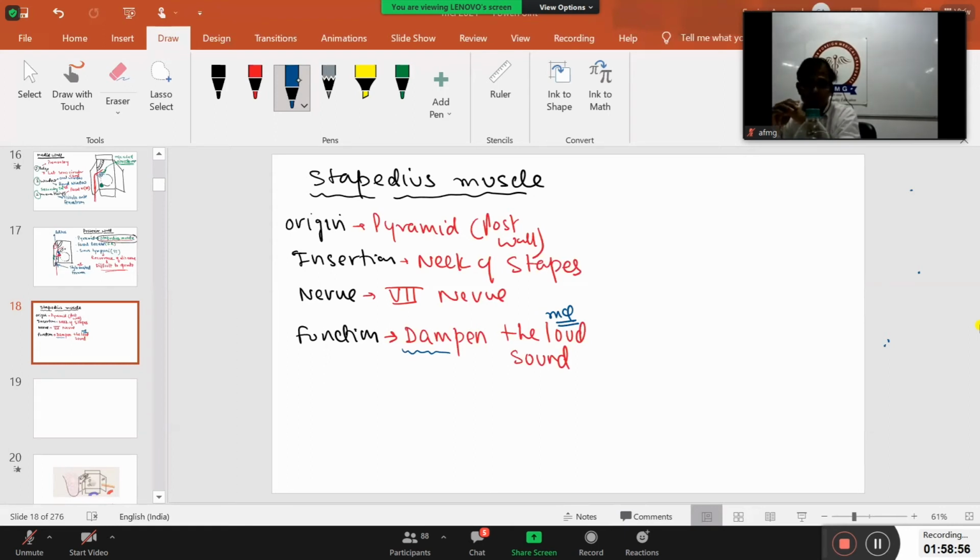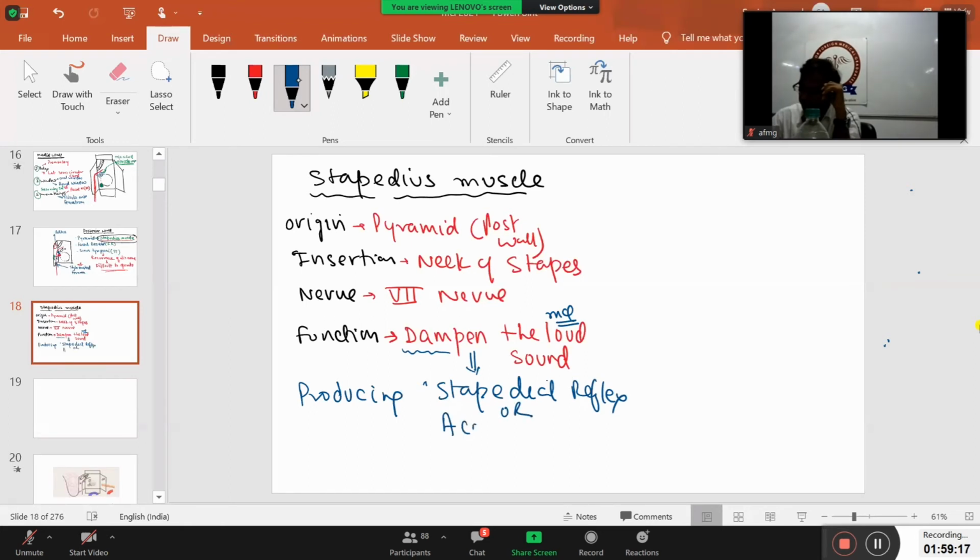It's a protection. How does it do this? How does it dampen? By producing a reflex called stapedial reflex, which is also called the acoustic reflex. Same thing. Okay, so remember this name, reflex.